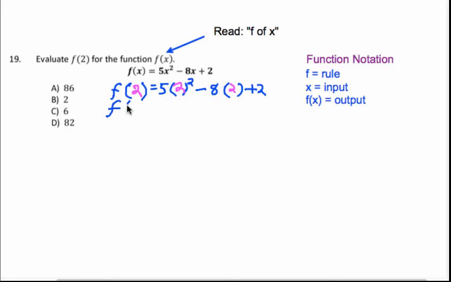So f of 2 will equal, let's see here, 5 times, we have an exponent. The exponent will go first here. So 5 times 4. Now we'll do our multiplication.